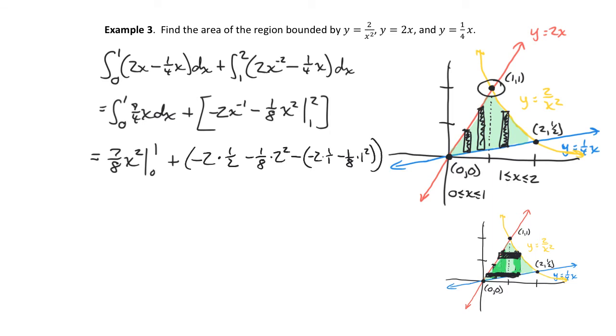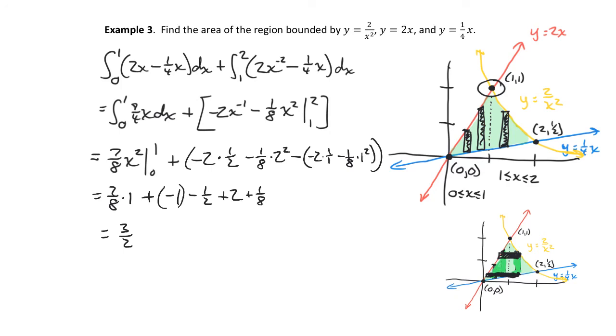When I substitute 1 and 0 in, I end up with 7/8 times 1 squared, which is just 1, minus 7/8 times 0. And this mess becomes 3/2 when all is said and done.